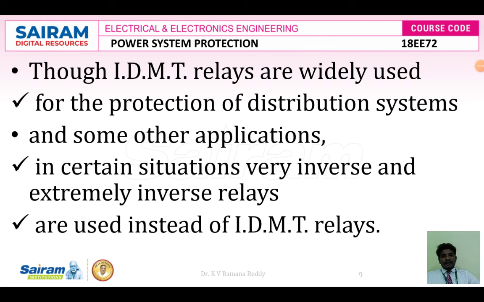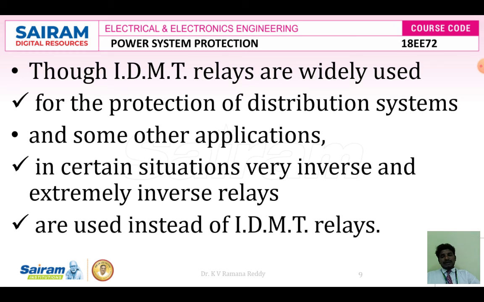So IDMT relays are widely used for protection of distribution systems and some other applications. In certain situations, very inverse and extremely inverse relays are used instead of IDMT relays, where the fault condition demands inverse and definite time characteristics.